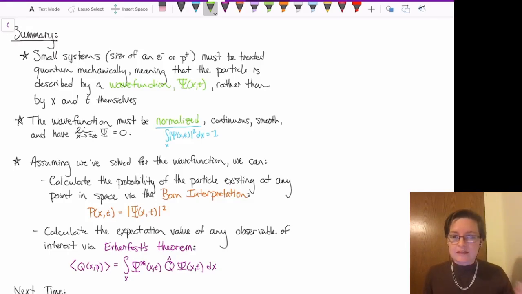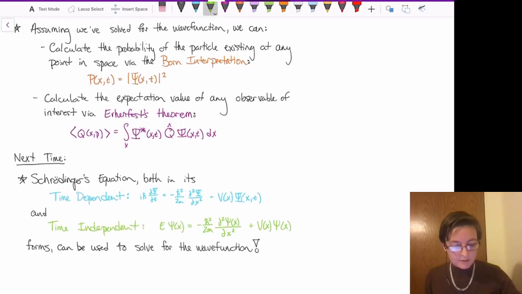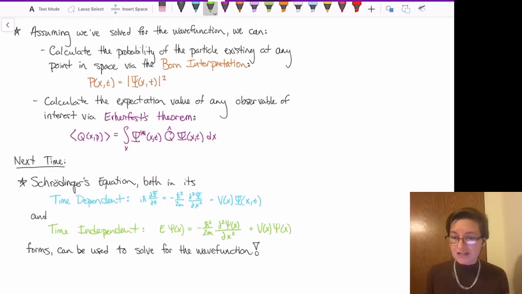And so it's really important that that wave function be normalized. It also should be continuous, smooth, and decay towards 0 as x gets really big. Assuming that we've solved for the wave function, which we have not done yet in this class, but will be the subject for a couple lectures from now, the wave function has a physically meaningful interpretation because if we square it, that corresponds to the probability that a particle exists at a certain point in time and space.